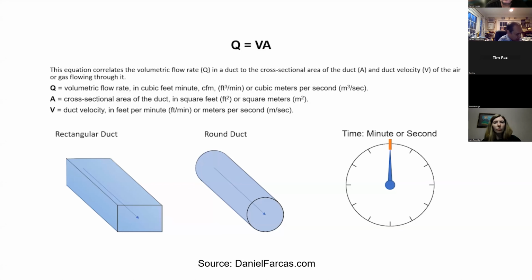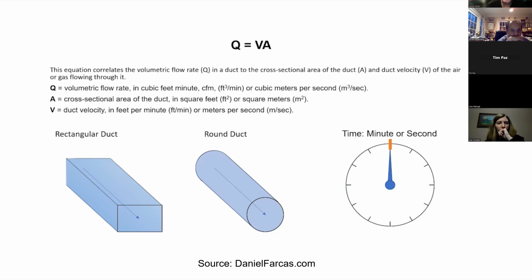The equation is Q equals V times A, where Q is the volumetric flow rate in cubic feet per minute or cubic meters per second. A is the cross-sectional area of the duct, measured in square feet or square meters. V is the duct velocity, measured in feet per minute or meters per second.